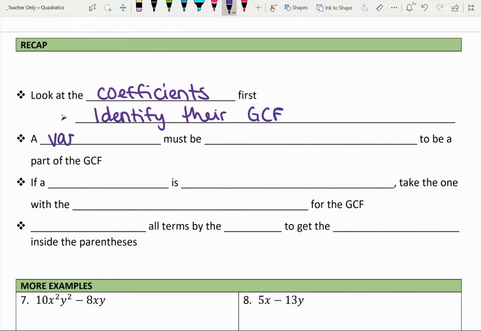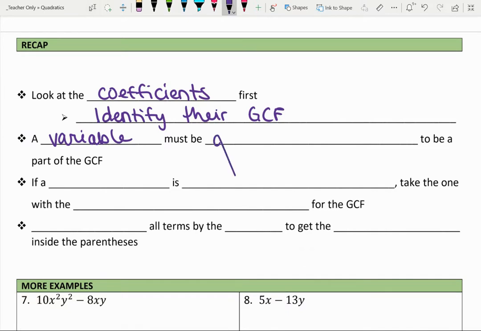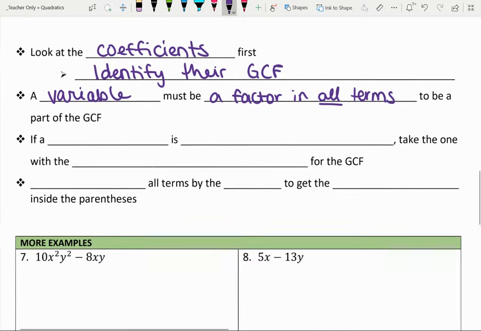And then remember that a variable must be a factor in all terms in order to be a part of the GCF. So if for instance one term has an x and the other one doesn't, then x is not a part of the greatest common factor. That variable has to be in every term.